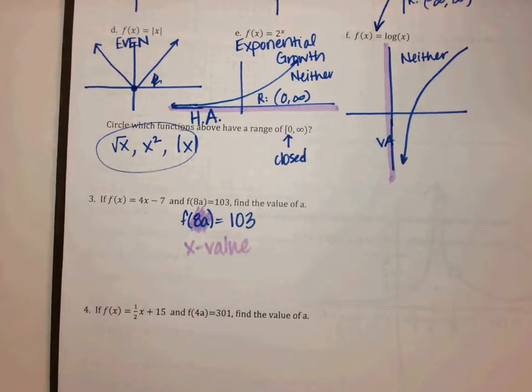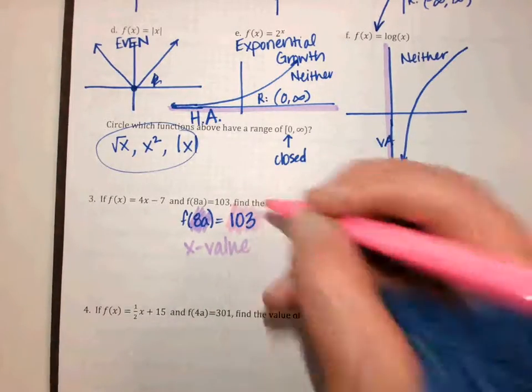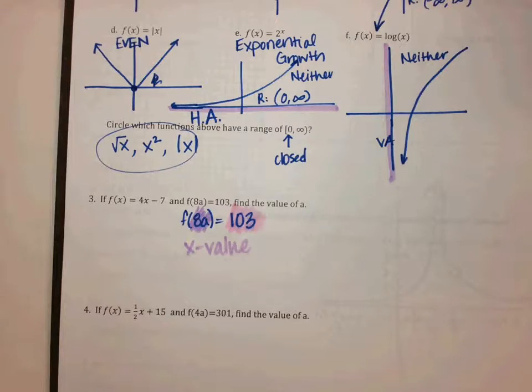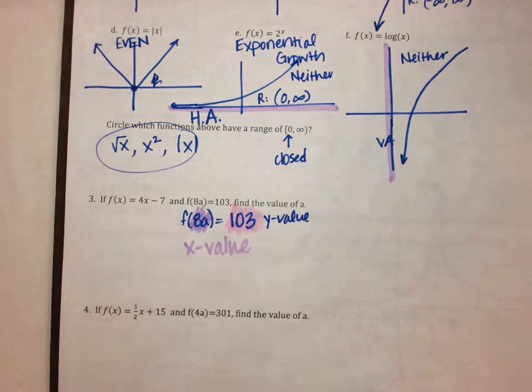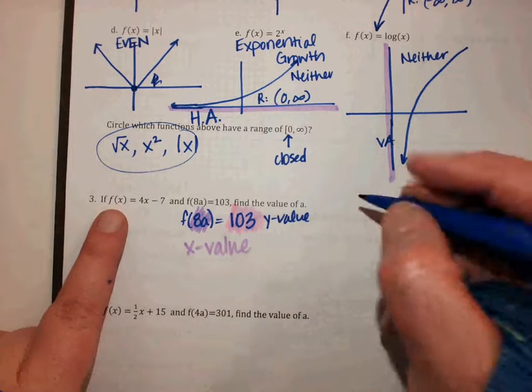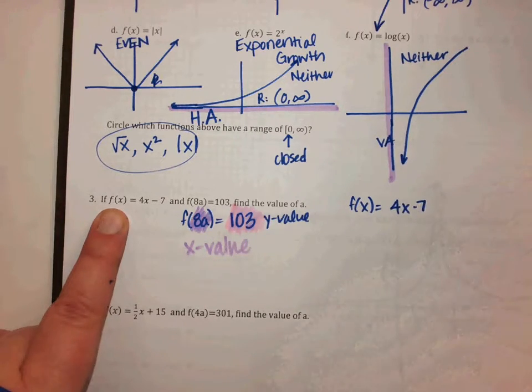And then where is 103 going to go? If it's equal to 103, that's going to be your answer or your y value. So when I plug in here, I'm going to write the whole equation again. You can do it or not. But it's f of x equals 4x minus 7. When I plug in, what is f of x going to be equal to?